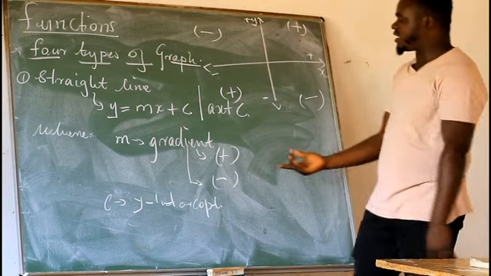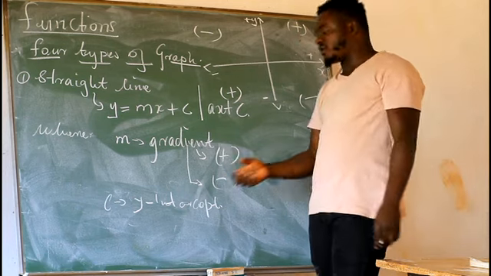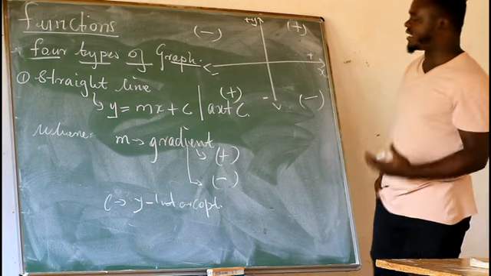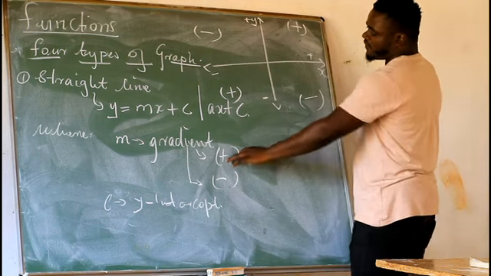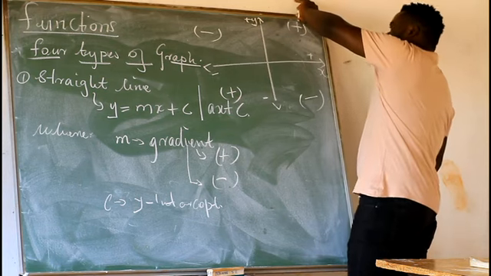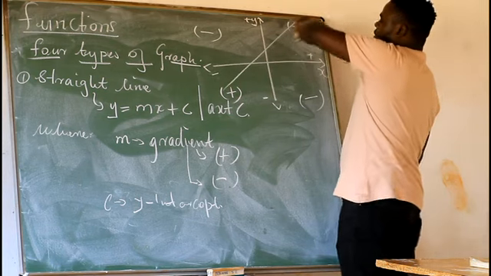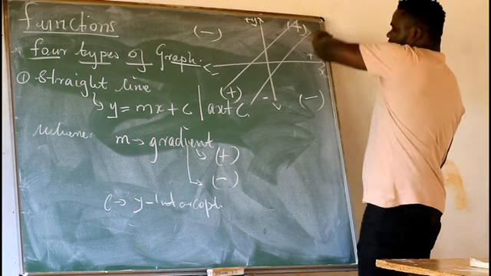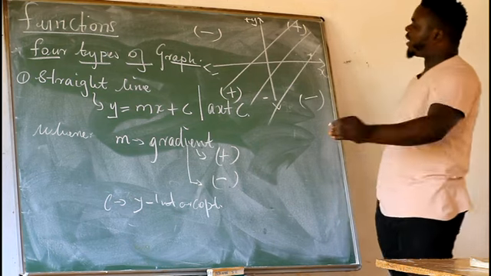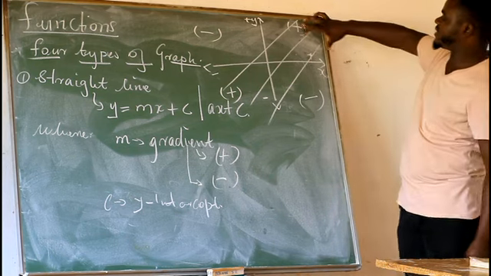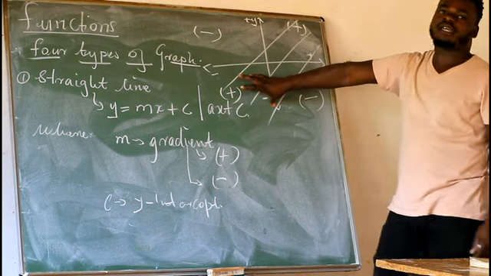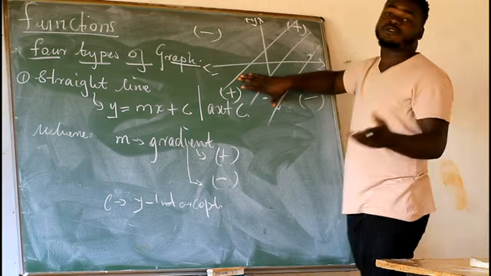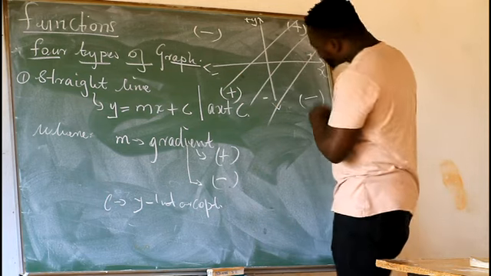Whenever we say the gradient is positive or negative, we are simply saying where the line is going to lie. Whenever the gradient is positive, the line lies on our first quadrant and our third quadrant. It doesn't matter where, as long as it is lying on the first and third quadrants. Are we together, guys? Alright.